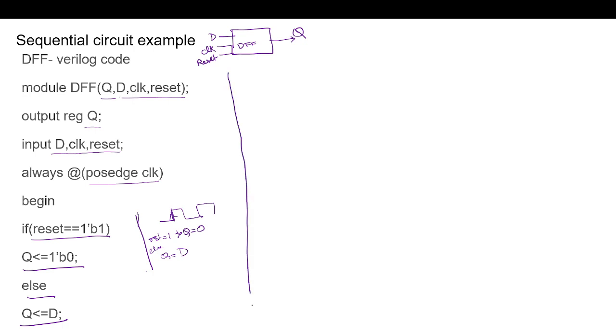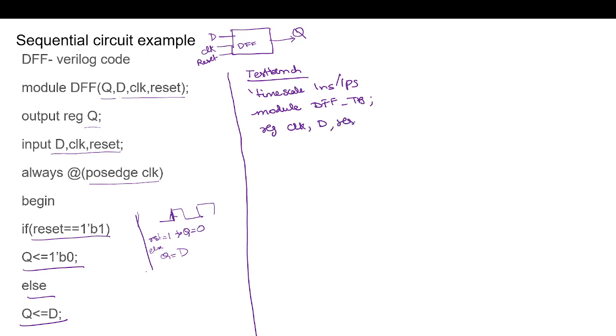So for this Verilog, let us write the test bench. Here you can define the timescale according to your needs, and then module is D flip flop test bench. And then inputs are registers: clock, D, and then reset.